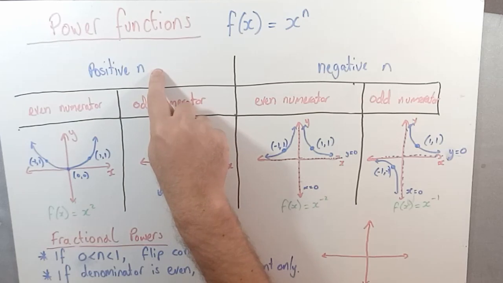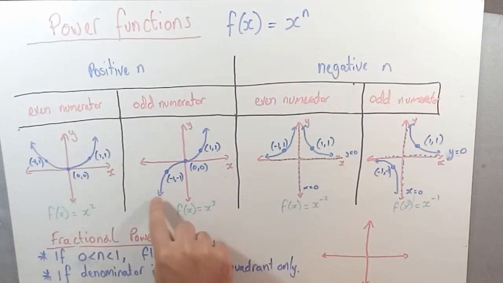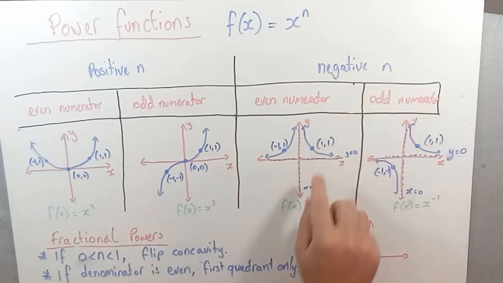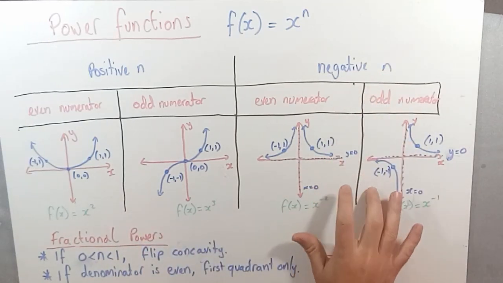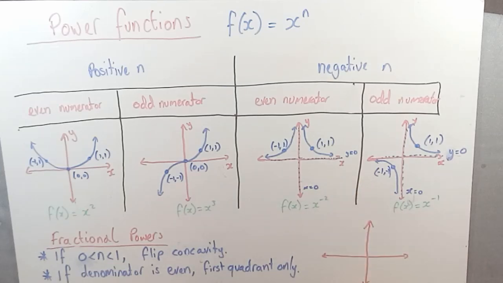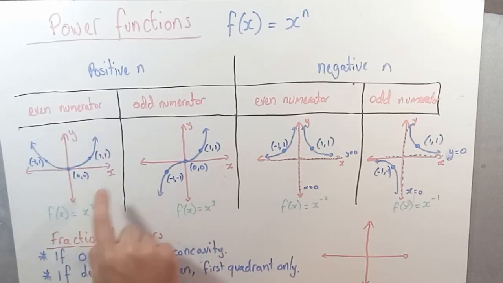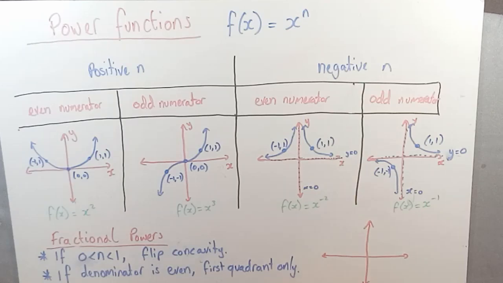Okay, so if n is positive, you get these two. So if you get a positive power of n, you get these two graphs. If you get n being negative, you get these two. Okay, you get either the truncus or the hyperbola. Okay, and then if you have an even numerator or an odd numerator, and the reason I'm calling them numerators is because you can think of these as fractions, these powers.